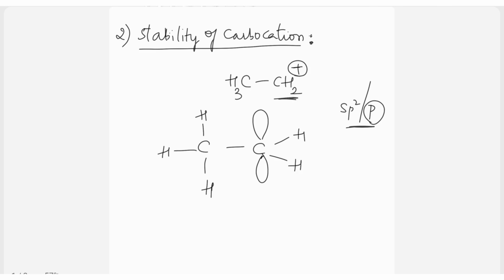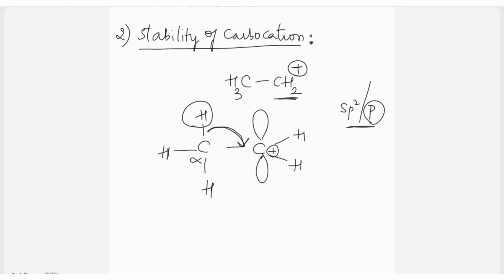Now what we observe here is this is the alpha carbon with alpha hydrogens. Now these sigma bonded electrons are given onto the carbon with positive charge, the empty orbital. Hence we can see the shifting of sigma bonded electrons from hydrogen onto the empty p orbital among the 3 hydrogens.